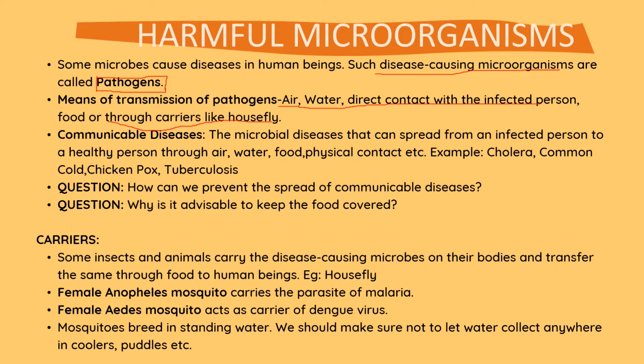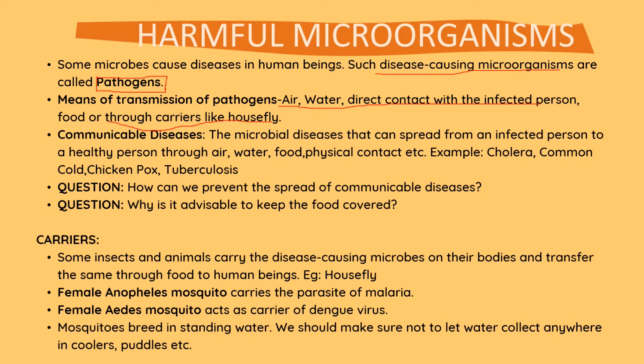Similarly, if you get in direct contact with an infected person, for example, if you shake hands with a person who has COVID, you can get COVID too. Also, diseases get transmitted through carriers like housefly.